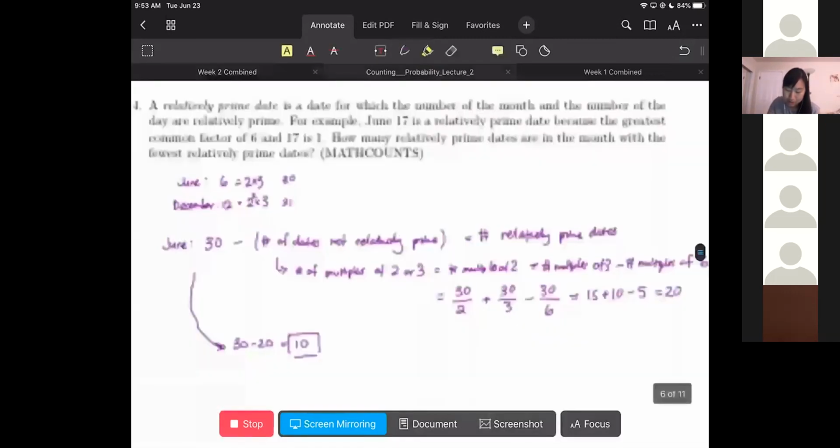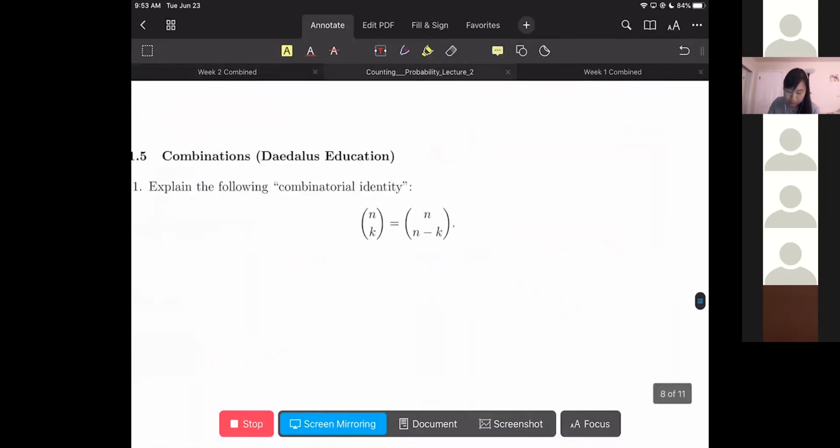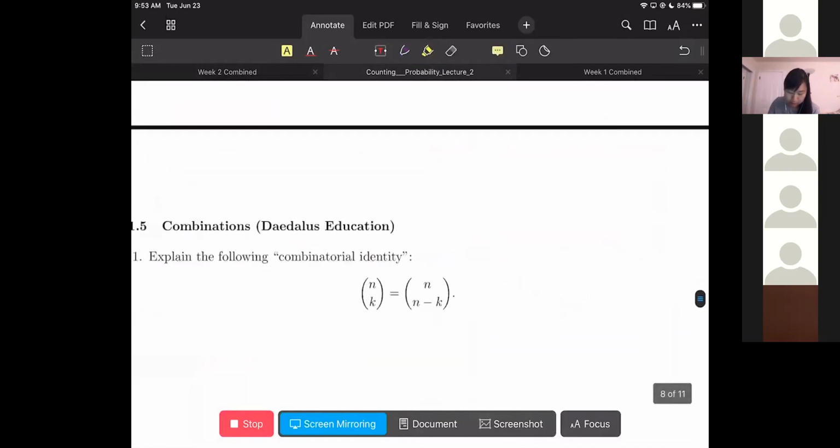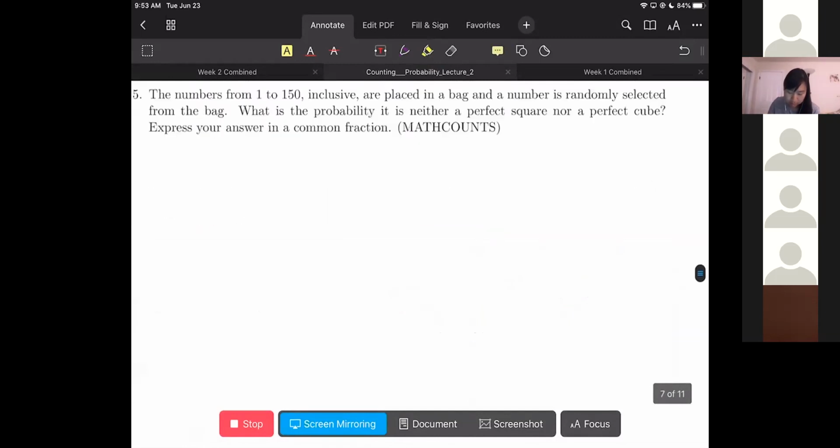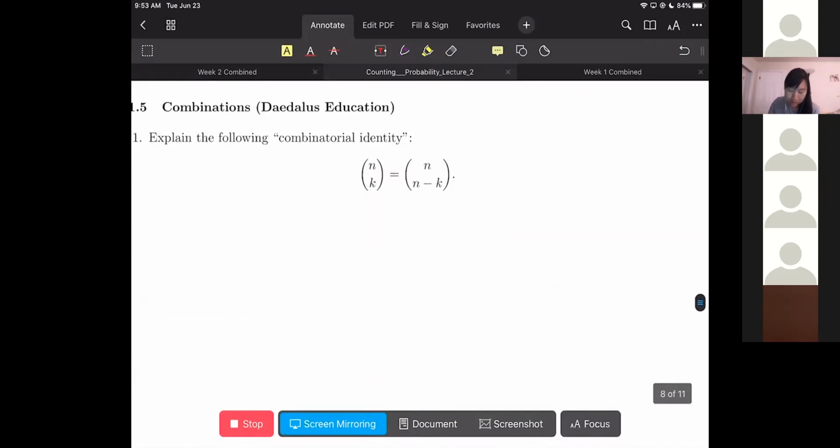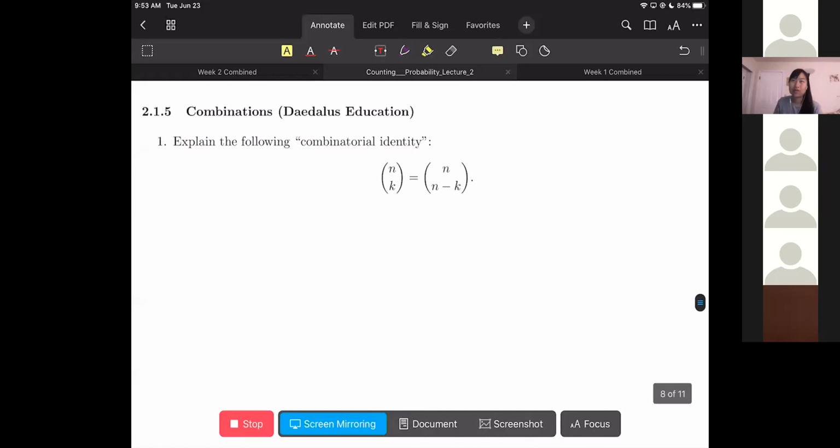All right, so let's do one practice problem to start. So this is actually what you just said, but with n and k. Can someone explain what this is saying and why it might be true?